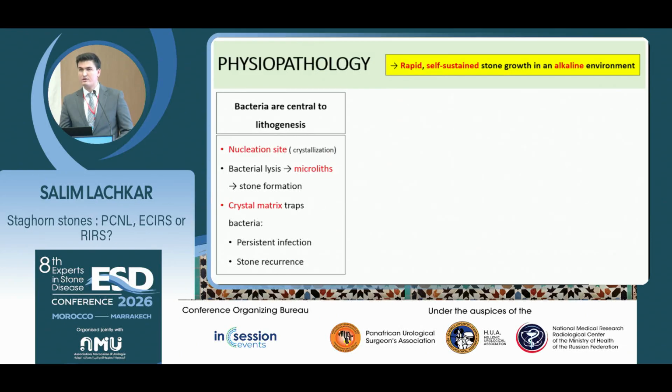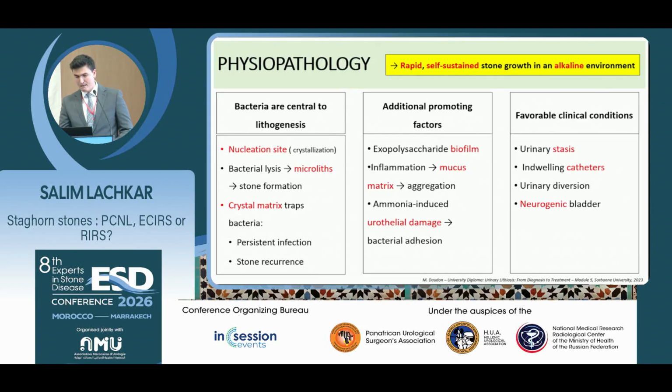So in the cornerstone of this physiopathology, we have the bacteria, and we have to take into consideration that staghorn calculi will not be treated only by surgery, but also by medical treatment. We have additional promoting factors like mucus, inflammation, matrix, which will aggregate the calculi, and also the ammonia will damage the urothelial mucosa and will produce bacterial adhesion.